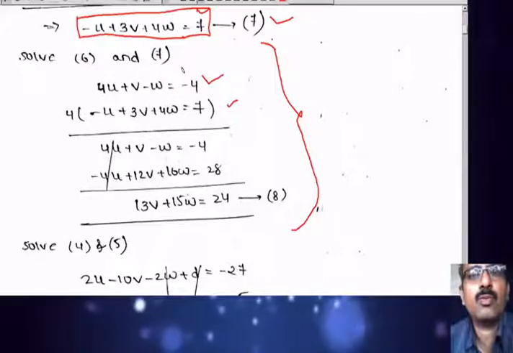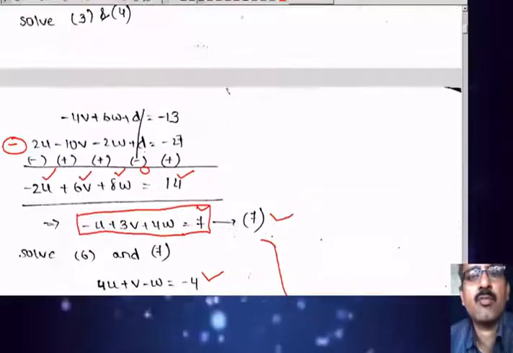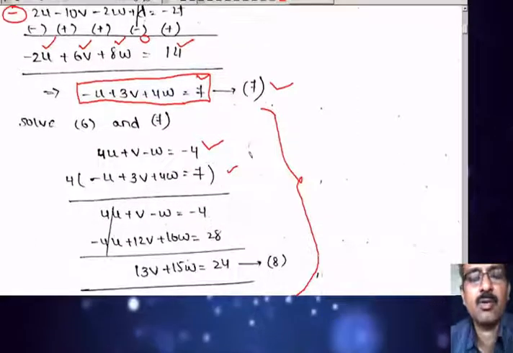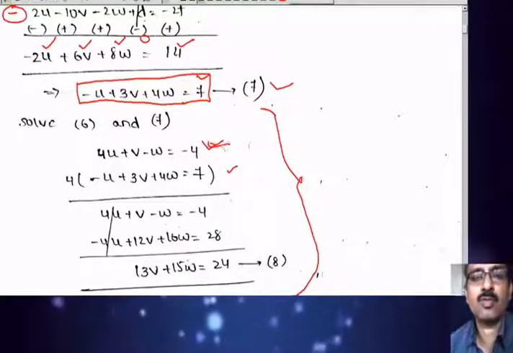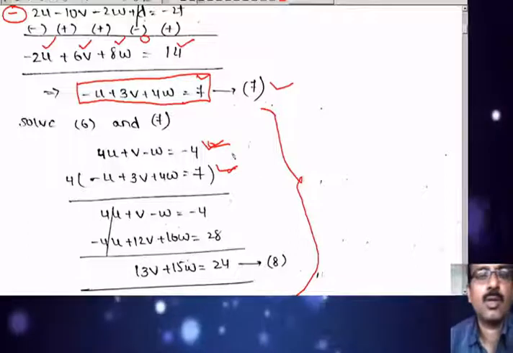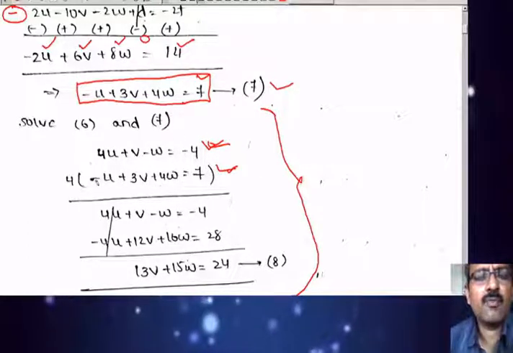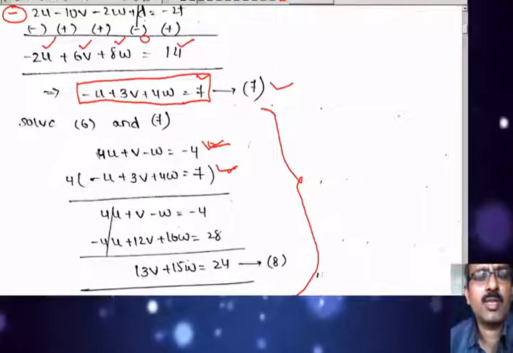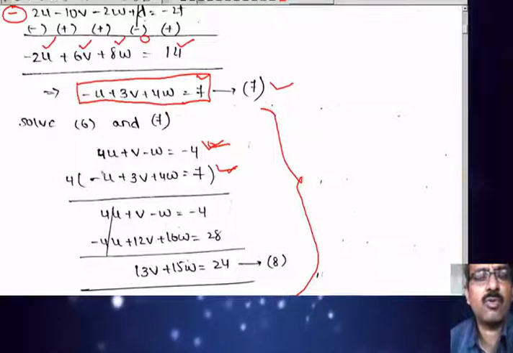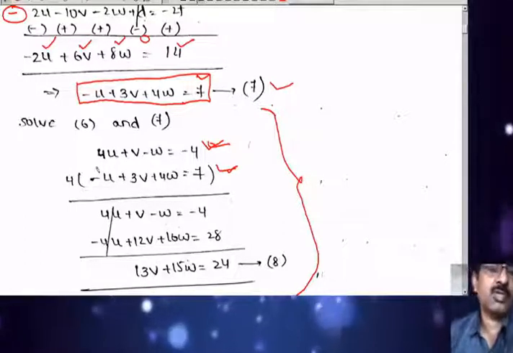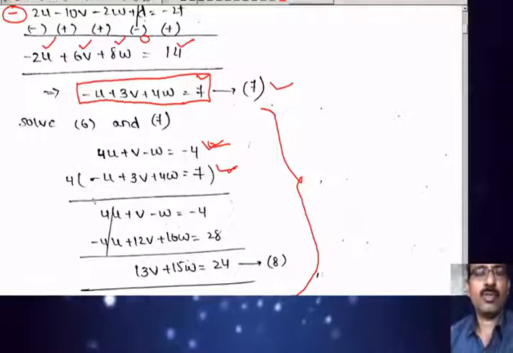So this is one equation and this is one equation, 4 and 7. We are multiplying equation 7 by 4, because here in the first equation we have 4u, here only 1u. That's why we are multiplying by 4 on both sides.